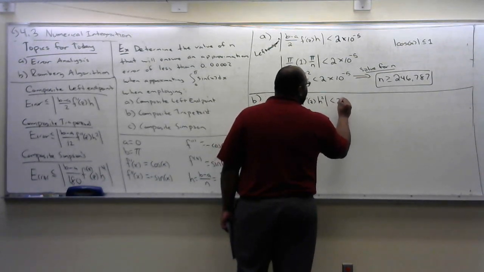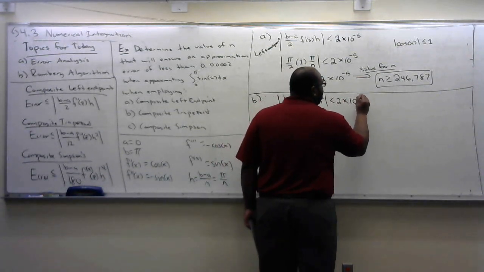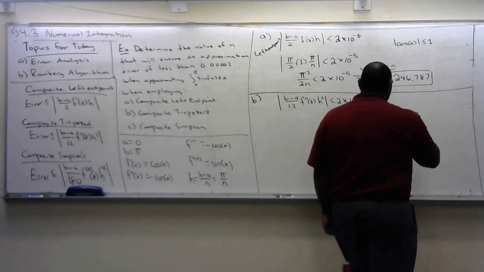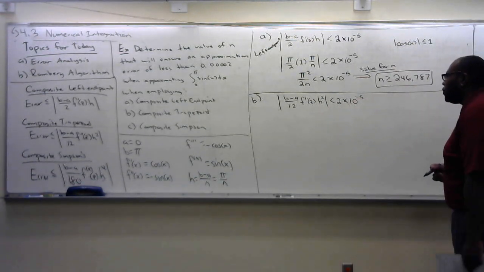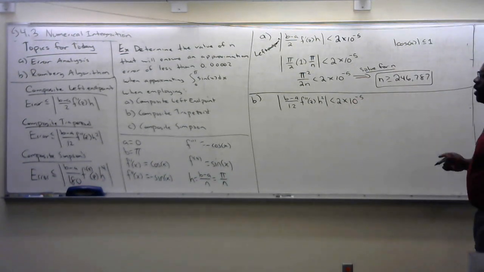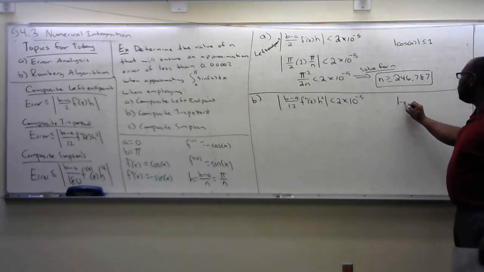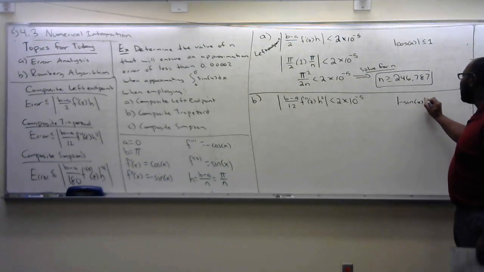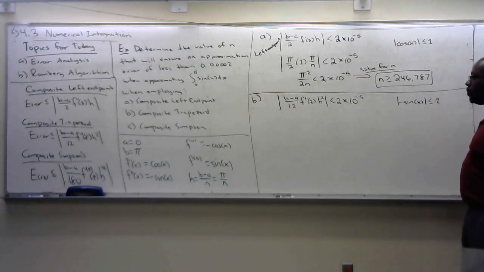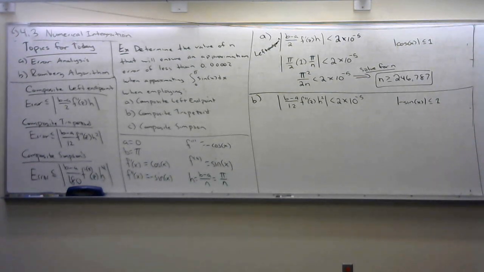I want that to be less than 2 times 10 to the negative 5. My second derivative is a negative sine, but that's still quite nice. We know that has to be less than or equal to 1 on the interval from 0 to pi.